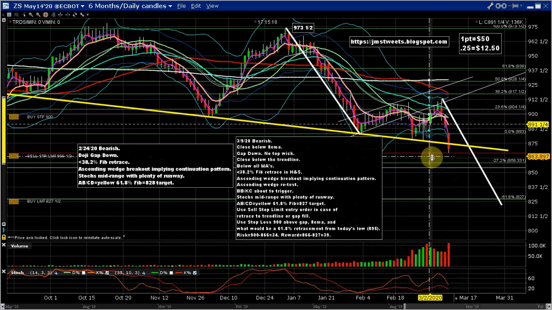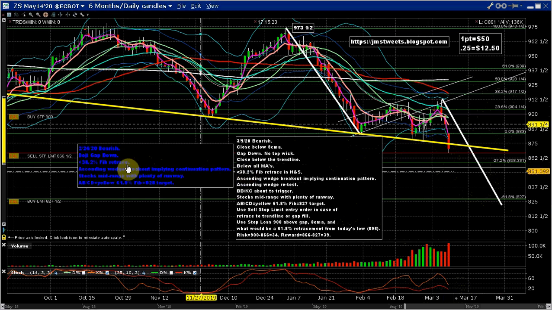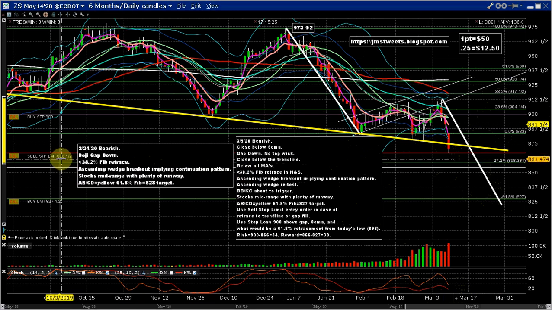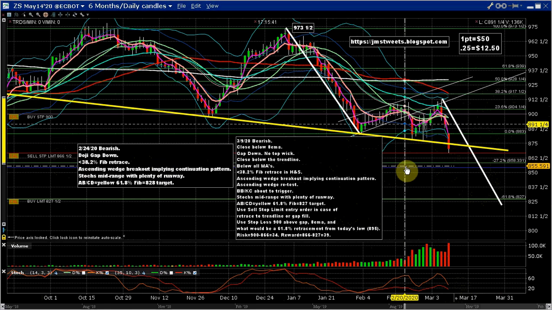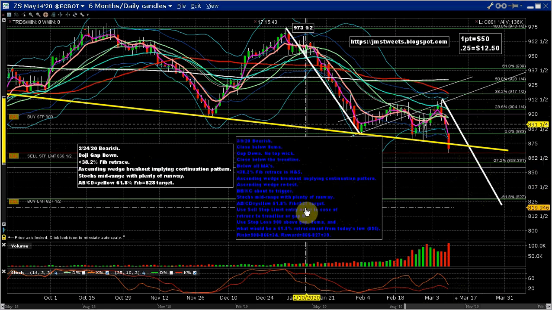So I'm using a stop limit order of 866 as the limit. The trigger is 866.5, but I'm saying I won't short it if it's below 866. That gives us a half a point slippage, which is acceptable on this contract.